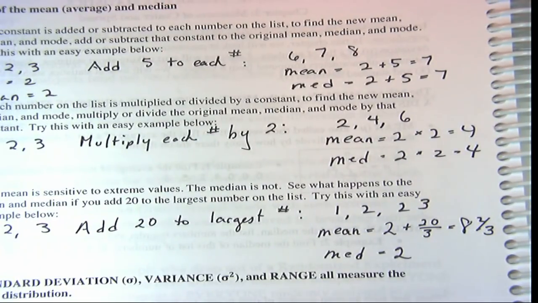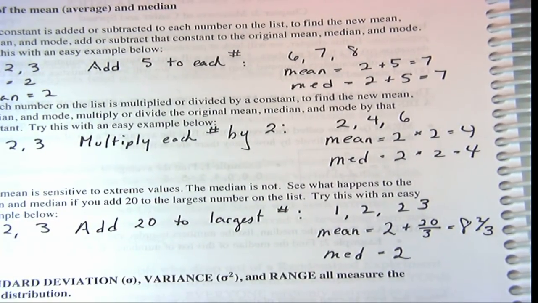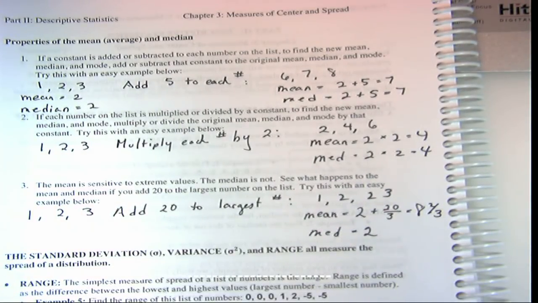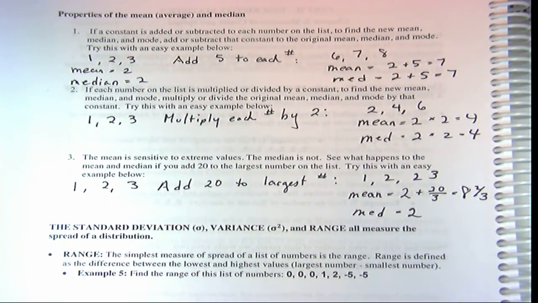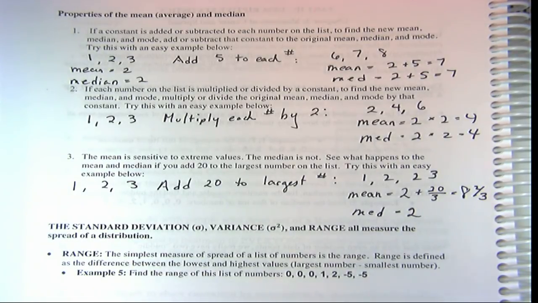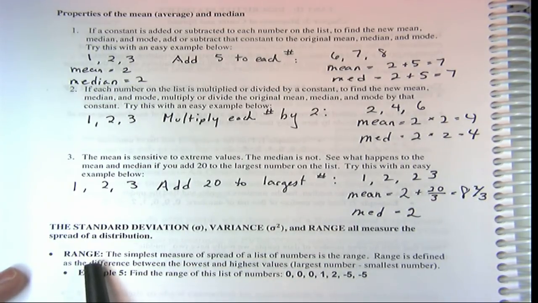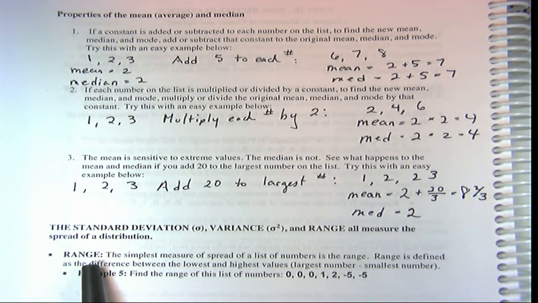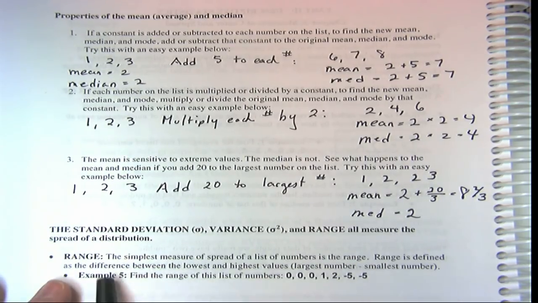All right, so any questions on that? That's what we did last time, and that's pretty simple. And now we're going to look at numerical summaries of the measures of the spread of a distribution. Okay, so how far out the numbers are, how spread out they are. The simplest one is the range, which is defined as the difference between the lowest and highest values.